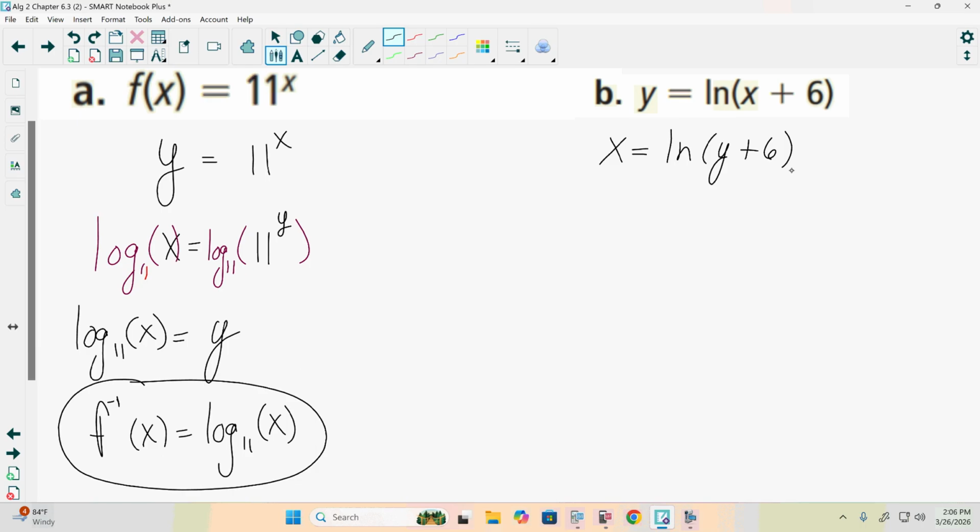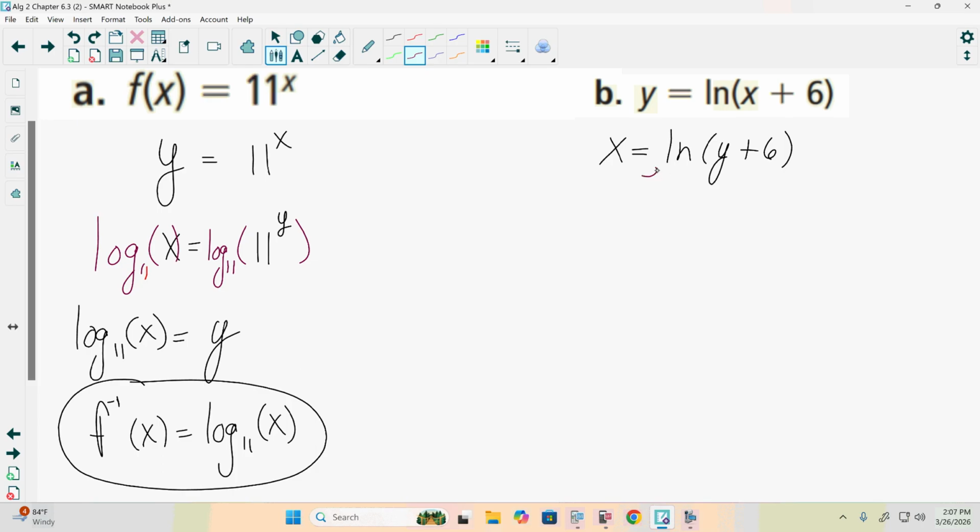Now, since we're starting with a logarithm, what we can do, instead of applying a log to both sides, is put both sides to a base. And that base is going to be the same as whatever the base of the logarithm is. Well, this is a natural log, so the base is understood to be e.